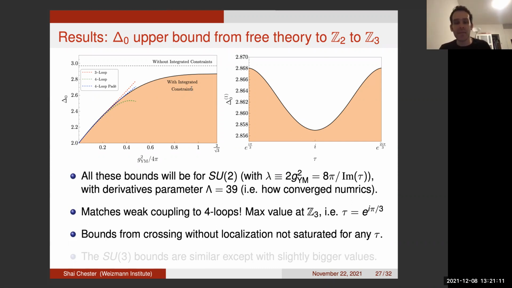And that's something we can kind of see happening. I didn't show you the SU3 plot, but if you were to look at the SU3 plot, the difference between this gray dotted line and the upper bound is smaller than it is for the SU2 plot. And so this is a trend which I expect will happen, that as we look at larger and larger n, the discrepancy between adding integrated constraints and not adding integrated constraints for the maximal value will become smaller and smaller, such that at super large n they'll be indistinguishable.